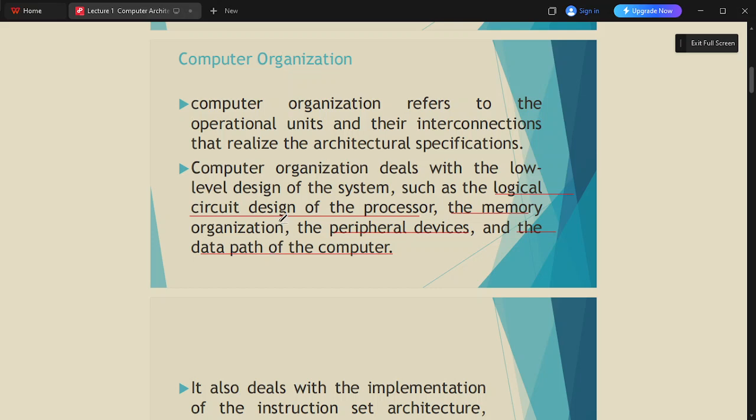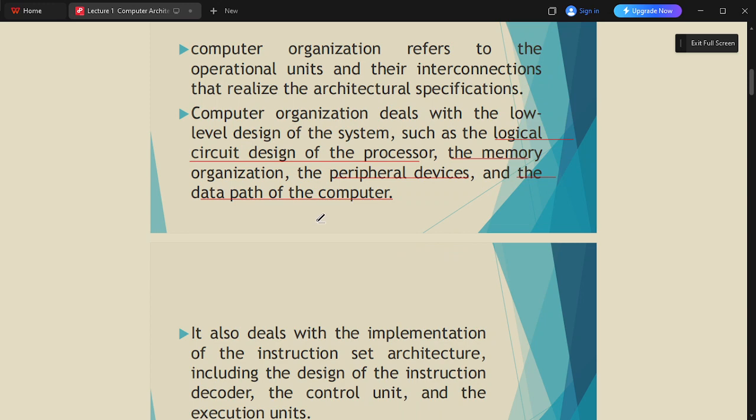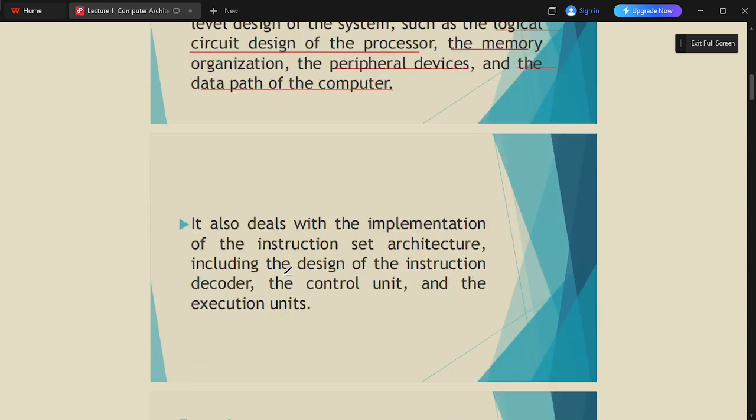Then just to add on, the data path is essentially the physical and logical route that instructions follow inside the CPU to be executed. That's how we can define what a data path is.